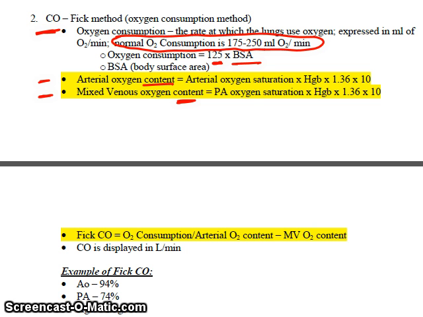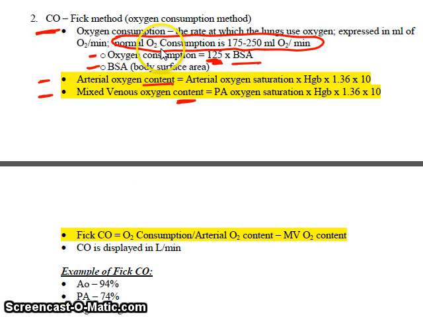Either they will give you the oxygen consumption with the BSA already calculated in with it, or they will give you the oxygen consumption, which is always 125, and they will give you the BSA, and then you have to figure it out yourself. I'll explain that a little bit more when we get to the other examples page, because I'm not really sure how they will give it to you.